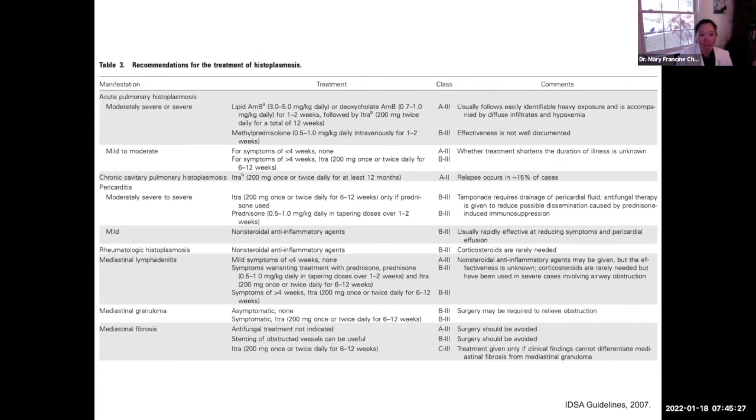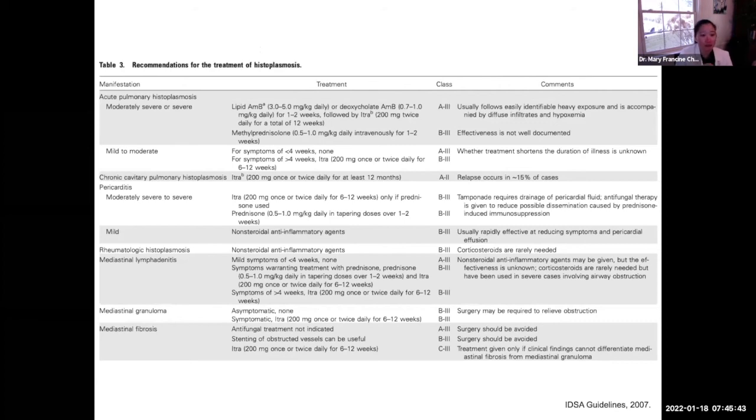So this is a nice table from the 2007 guidelines, and it shows you, based on the manifestation of histoplasmosis disease, what treatment to use and for how long.